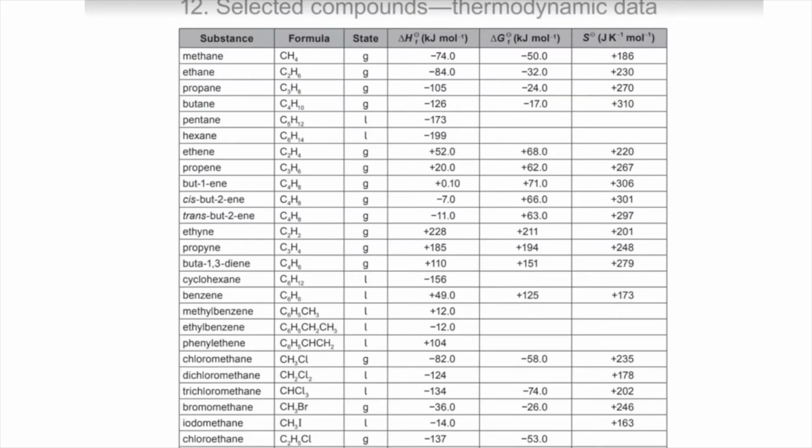So again, all the values are recorded in table 12 in your data booklet. We're going to come back to this as we solve our example for benzene.